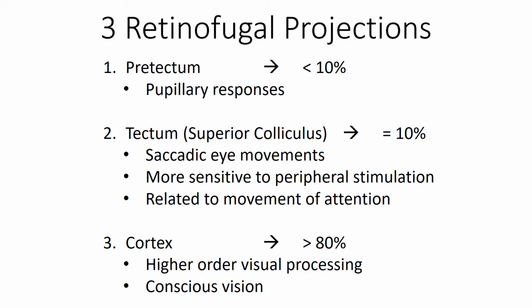And this region is important for saccadic eye movements, it's more sensitive to peripheral stimulation, and is related to the movement of attention. And then the bulk of the retinofugal projections from the retina go to the cortex, and this includes higher order visual processing as well as conscious vision.